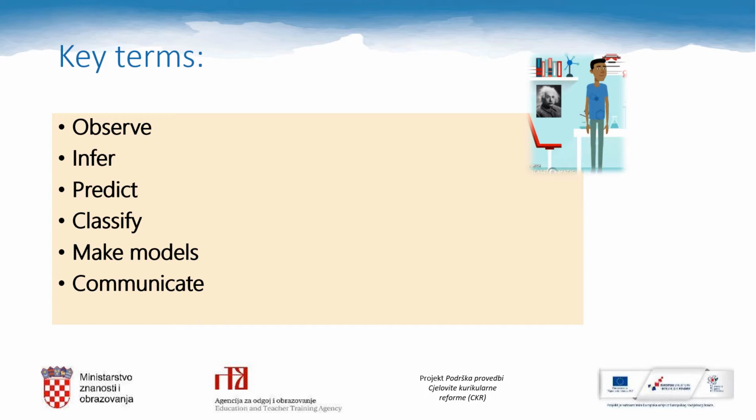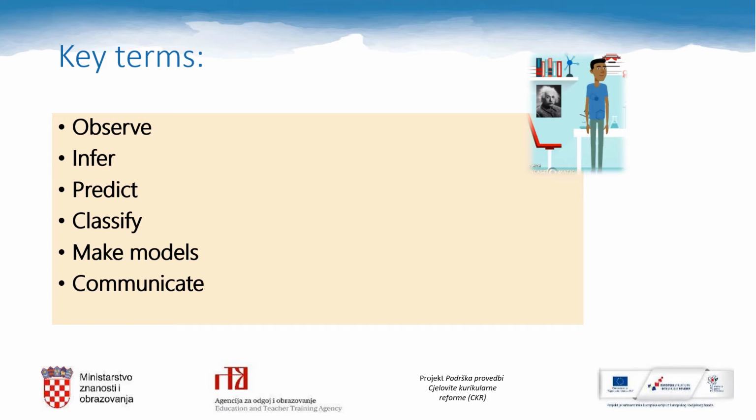I'm sure you are familiar with some of these words, but not all of them. And I think that it is very important for today's lesson that you are sure what these words actually mean. So let's try to translate them together.